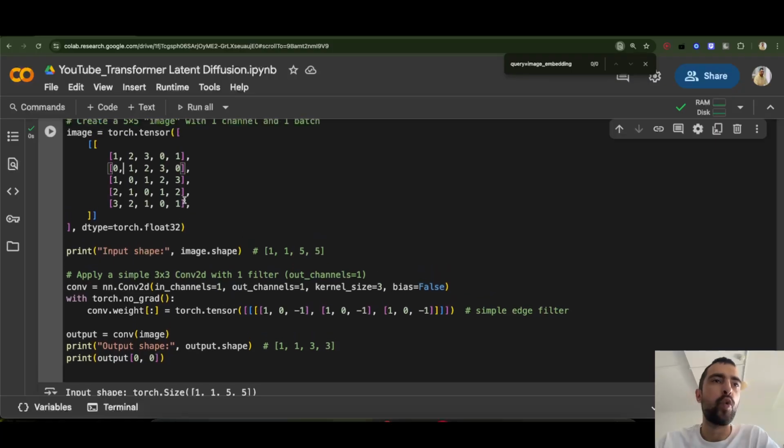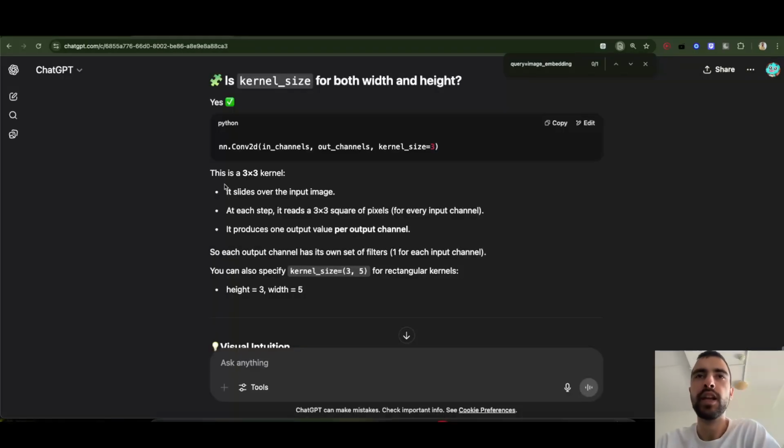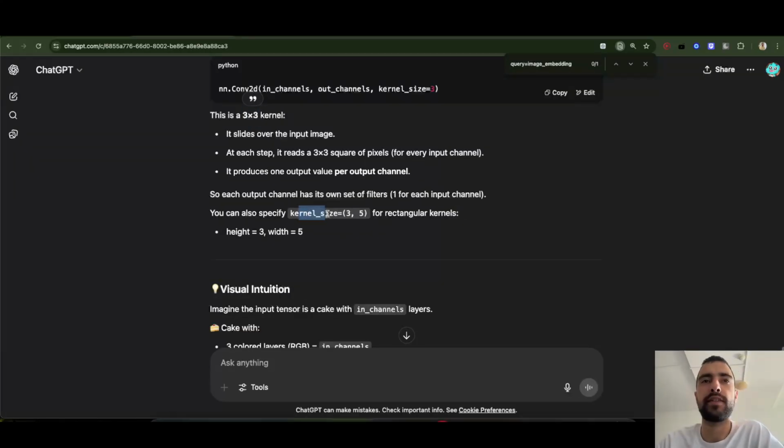And then we will define some convolutions. So in channels 1, out channels 1, kernel size 3. First of all, kernel size is for both width and height of the kernel. So kernel size 3 means a 3 times 3 kernel. You can also specify kernel sizes 3,5 as a tuple to get height 3 and width 5.